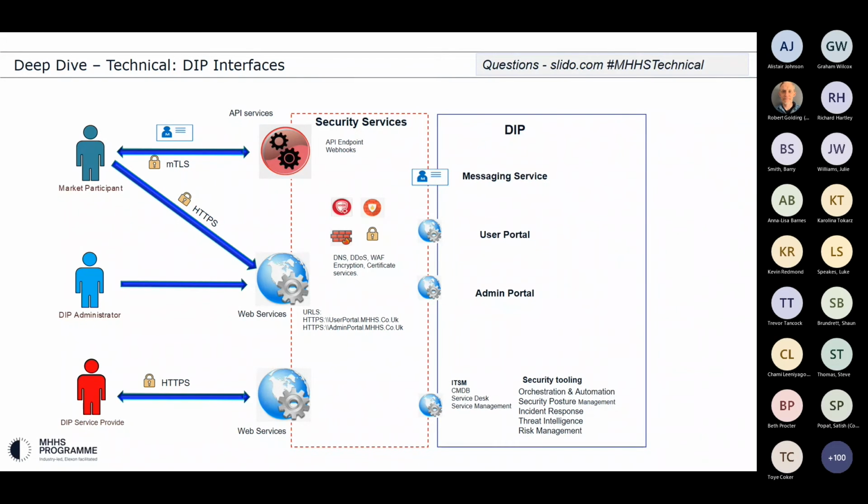And in the bottom of this one is the DIP service provider and their access to the cloud platform for management activities. In all instances, all of those channels would go through a standard set of security services that cover DNS, DDoS, there'll be WAF, encryption requirements. We have certificate services. I'll touch on that one a little bit further. And so all the clever tooling that ensures that connectivity through the DIP is secure, it's monitored, and is providing the right levels of security.